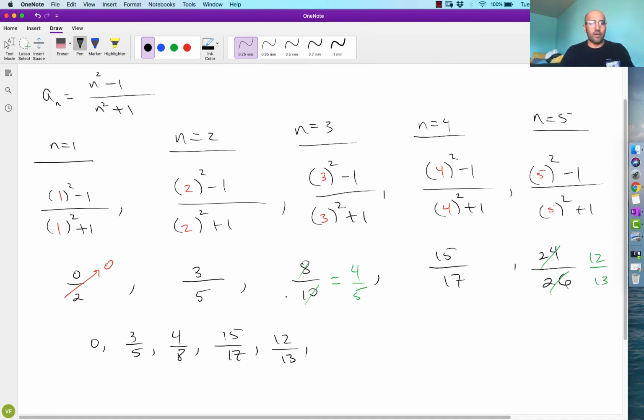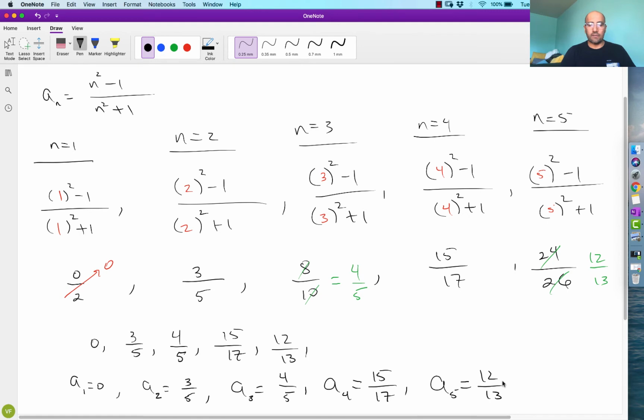Or we can also list them by putting that a sub 1 equals 0, a sub 2 equals 3/5, a sub 3 equals, oops, sorry, not 4/8, 4/5. a sub 3 equals 4/5, a sub 4 equals 15 over 17, and finally a sub 5 equals 12 over 13.